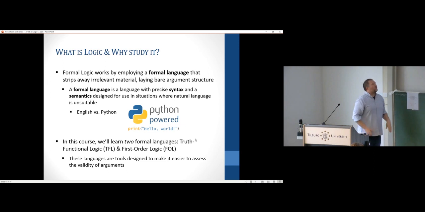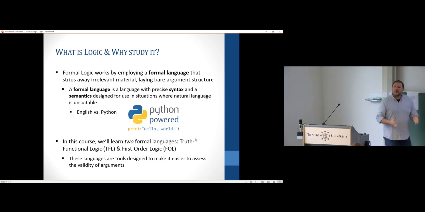So we're going to start off with a very restricted, straightforward one called Truth Functional Logic, TFL. TFL is a wonderful, amazing tool, but it is a very limited tool. It's basically a sledgehammer. It's really good if you want to sledgehammer things. It's very bad if you want to do any delicate work.